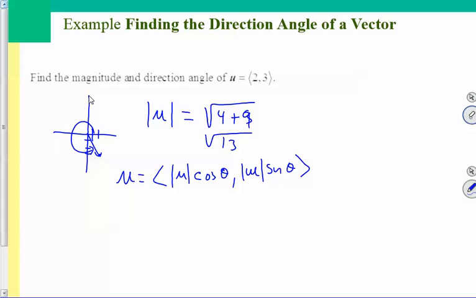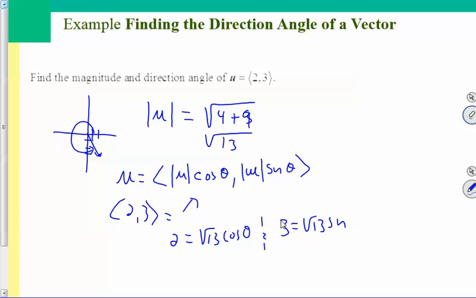I know the magnitude is radical 13, and u is (2, 3). If I split it into parts, 2 is equal to radical 13 cosine theta, and 3 is equal to radical 13 sine theta.